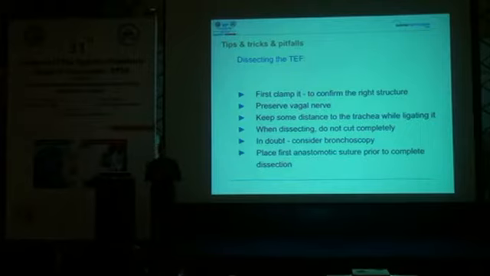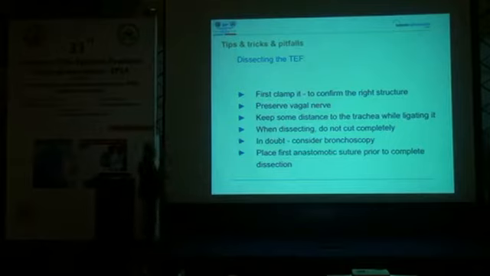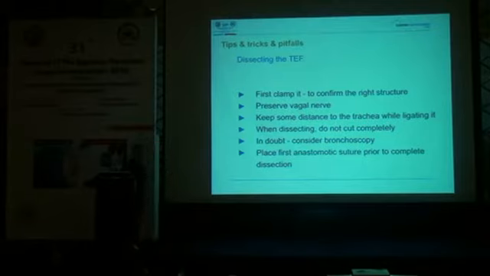So we cut it half the way, we put the first suture, and then we cut it completely. And in doubt, always consider bronchoscopy. Meanwhile, I place the first suture with the still closed upper pouch, in order to help the anesthesia push the pouch down with the NG tube, so it helps approximate both parts of the esophagus.